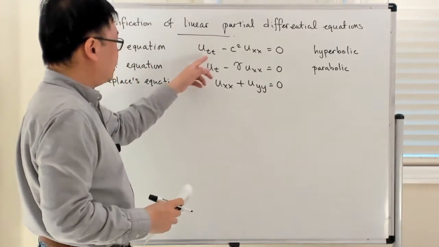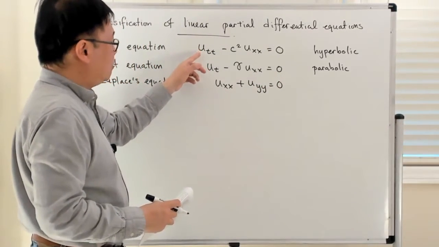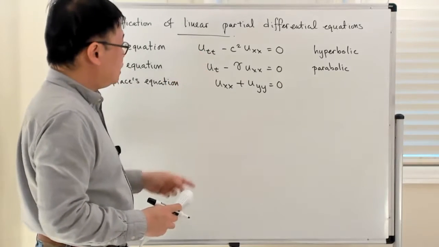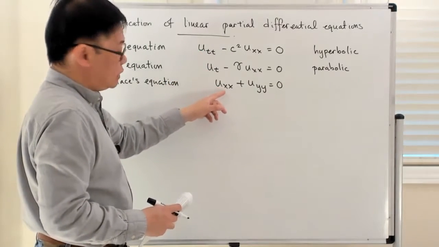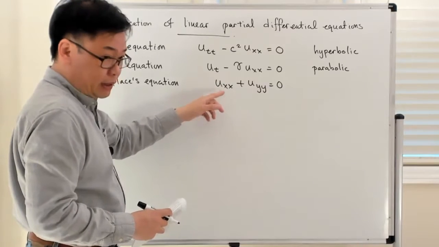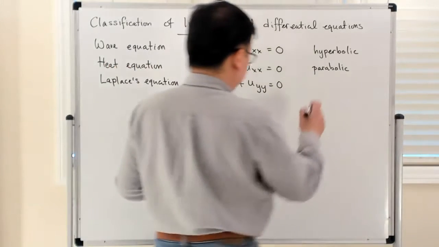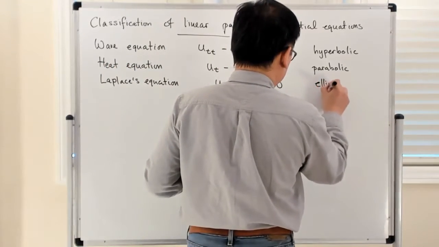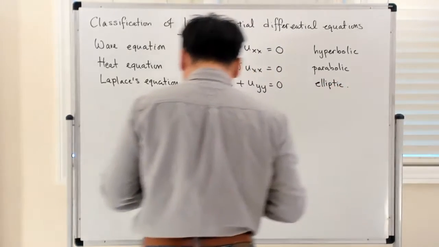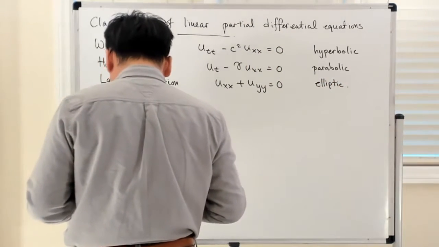I should mention that when I say u_tt, I mean the second partial derivative of u with respect to t. u_xx is the second partial derivative of u with respect to x, and so on. And this is an elliptic equation.